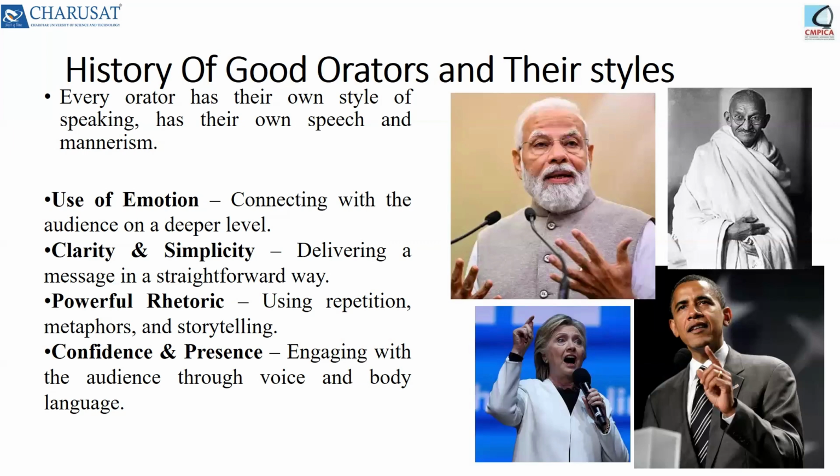And we have Kamala Harris, who targets people, pinpoints them, and gives the exact details which are going to be more useful for the audience to take action on. So these are the things that we need to keep in mind. There are good orators. There are a number of good orators.